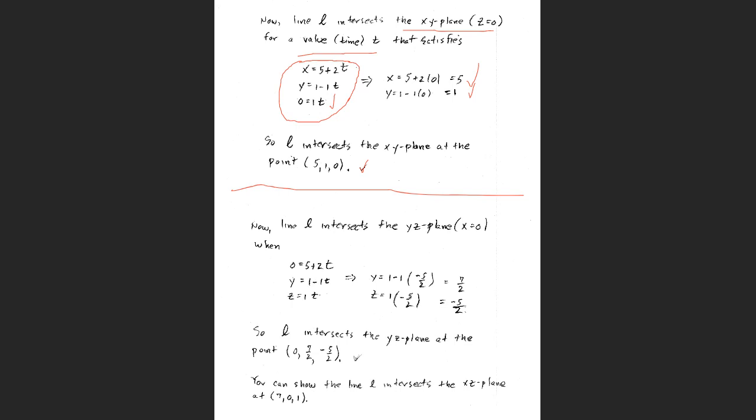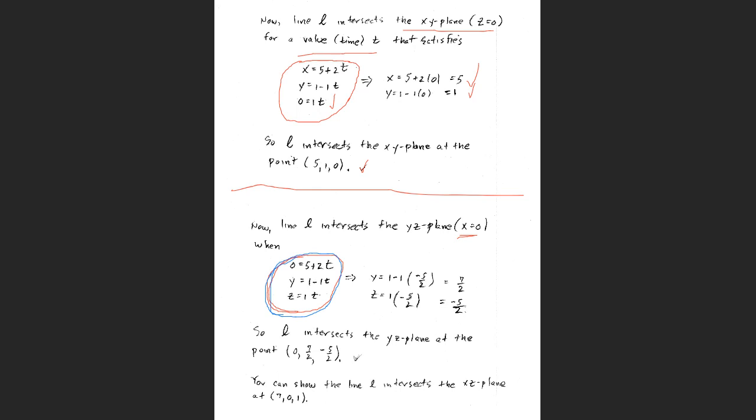In other words, the equation of the YZ plane is X equals 0. So to find where our line passes through the YZ plane, we need to find a value of T that satisfies these equations. It turns out we can solve for T based on the fact that 0 must equal 5 plus 2T.